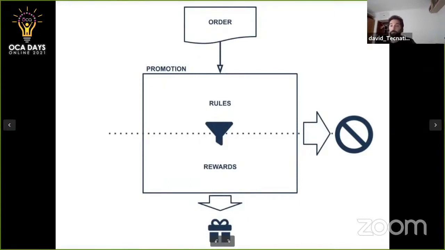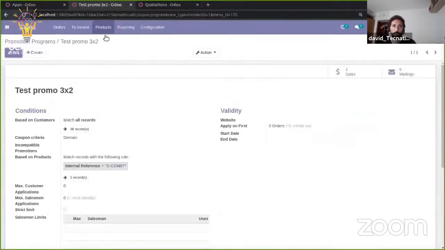And if you don't get anything, the promotion is not applied. Okay, this is the simple scheme. We'll be working with promotion programs, but everything is going to apply, I think, the same for coupon programs almost.